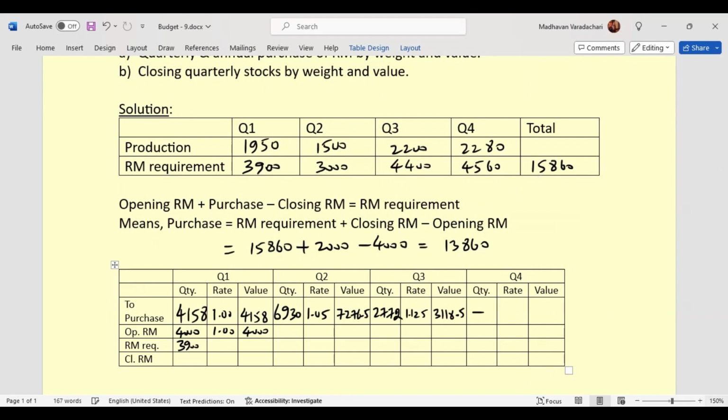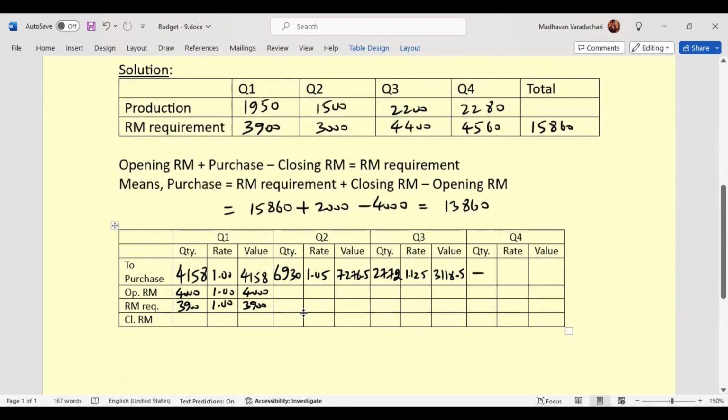And the issues are happening on FIFO basis. That means it will be at 1 rupee only. We get 3,900. So the closing stock here will be opening raw material plus purchase minus requirement, we will get the closing raw material, which is 4258. Value will be based on 1 rupee only, so 4258.